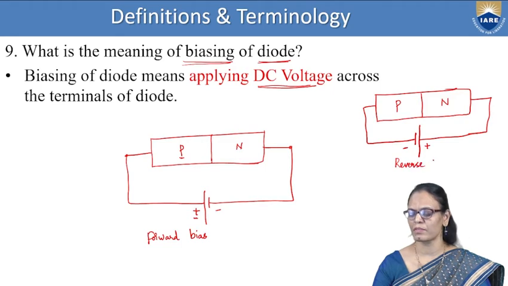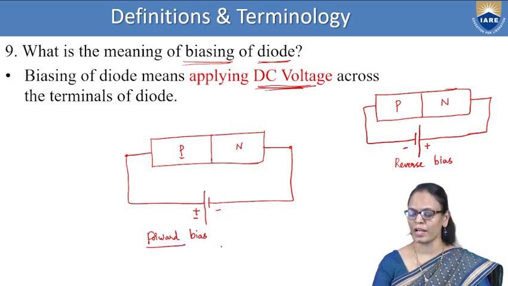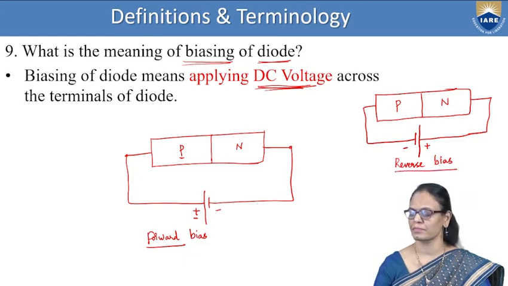So, there are two types of biasing. We are applying a DC voltage, and it all depends on how we apply it. If P is connected to positive, it is forward bias. And if P is connected to negative, it is reverse bias.